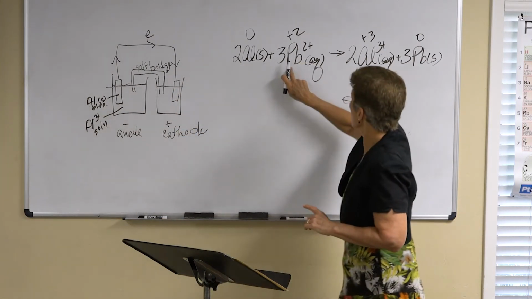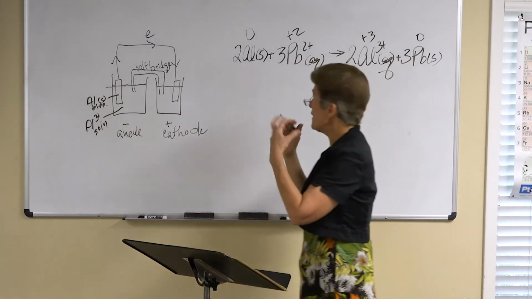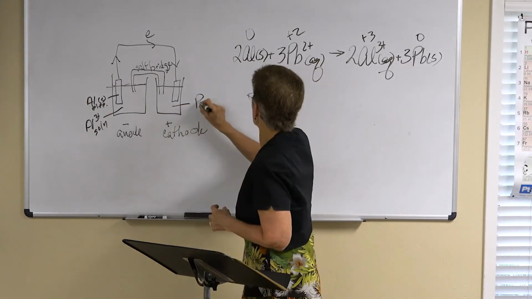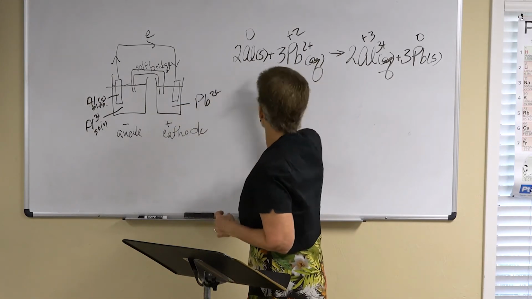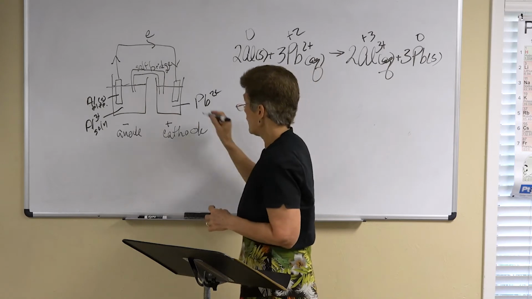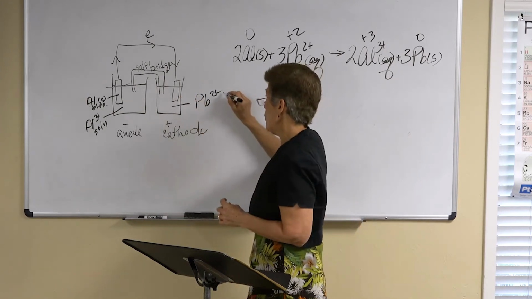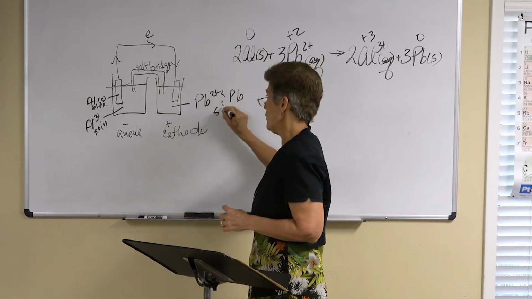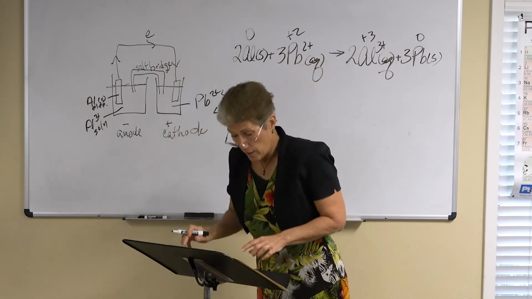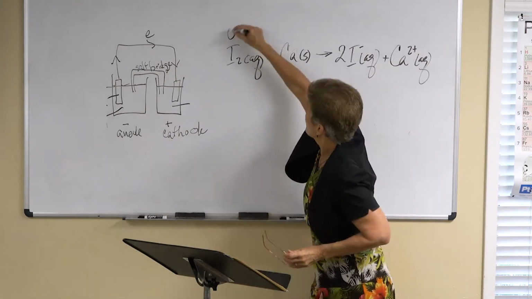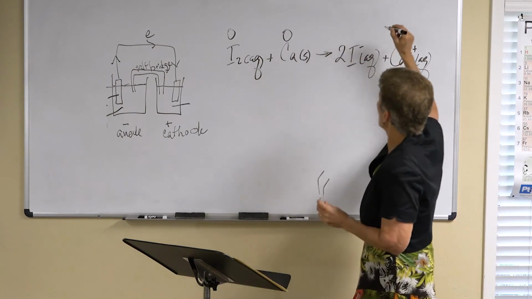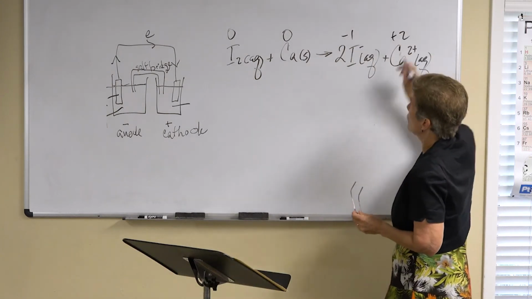And then this guy's going from +2 to 0. It's receiving electrons, and so I'm just going to put, that says aqueous, and that's a solid. We could make this a lead electrode, or you could just put the lead over here in the solution. Your choice.